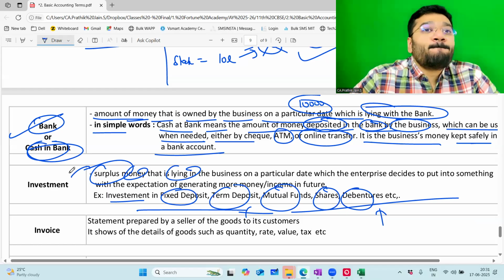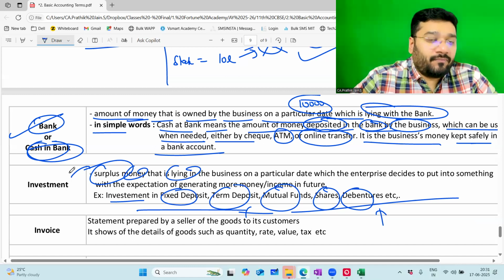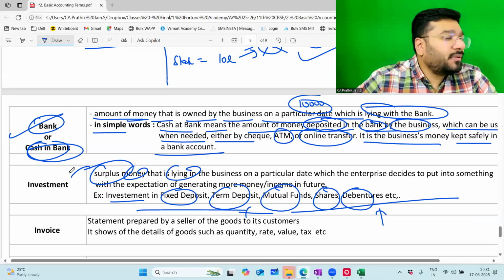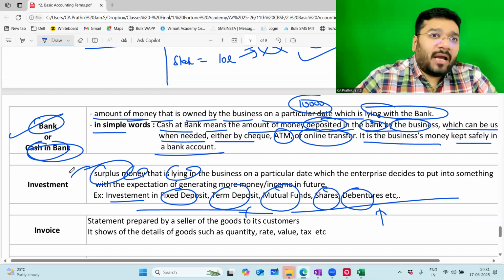Example, if we buy gold for investment, and if the gold prices fall down, then is it called investment? Yes. So anything. See, I invested money in gold, share market. The gold market is at a peak now. I purchased it. After 3 days, the gold value reduced. Still, it is investment only.